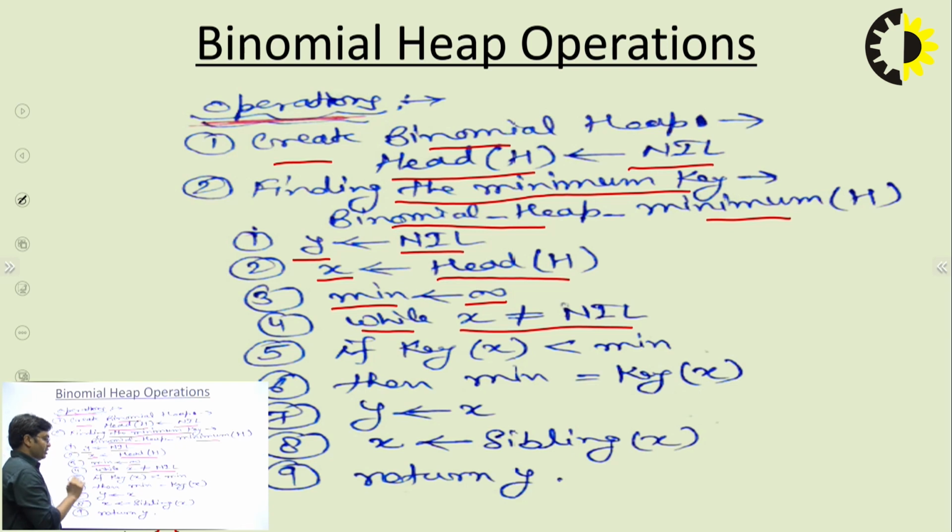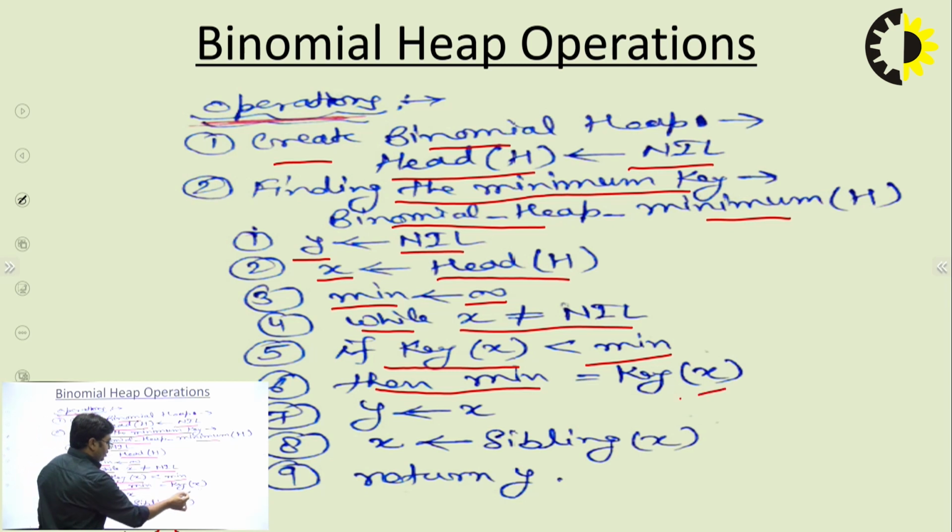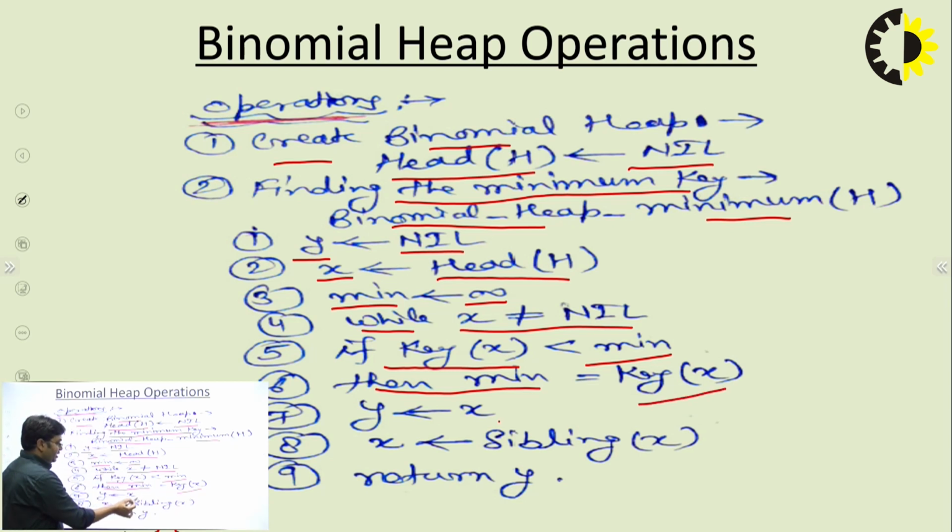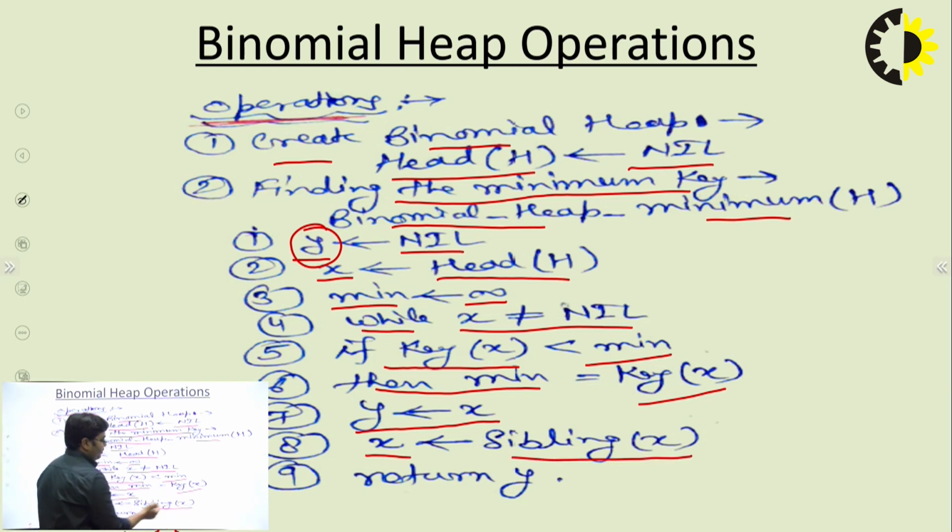while it is not equal to null, if key of x is less than minimum, which we have assigned infinity, then minimum is equal to key of x, and then we assign the value of x to y, which we had initially taken as nil. Then x becomes the sibling of x.